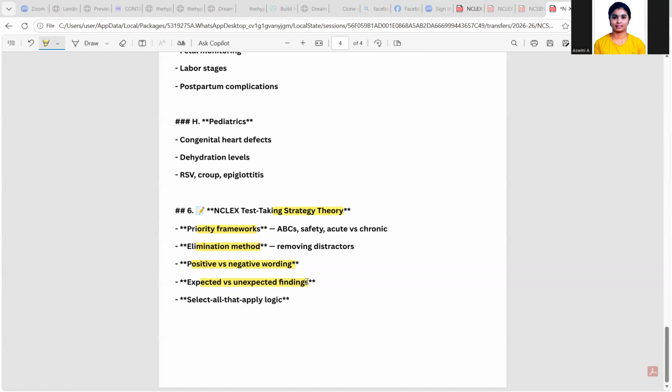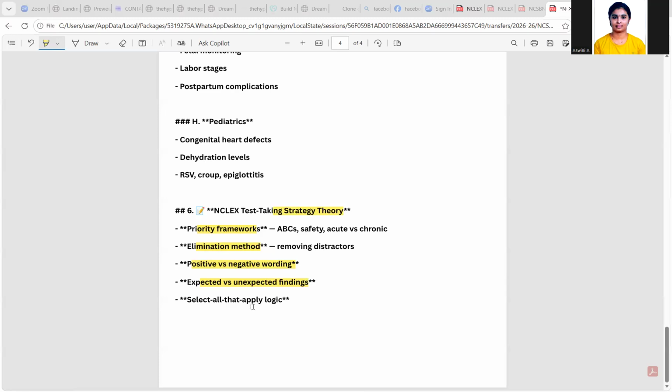But if the client is saying that he got sudden relief from the severe pain, is it an expected finding? No, that is an unexpected finding. Why? Because there may be a chance of rupture of the appendix. So we need to correlate what is the normal finding and what is the abnormal finding.